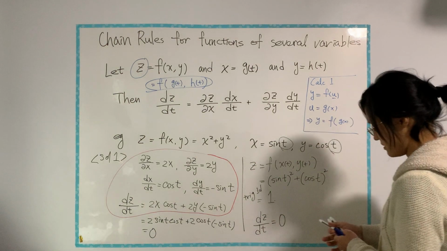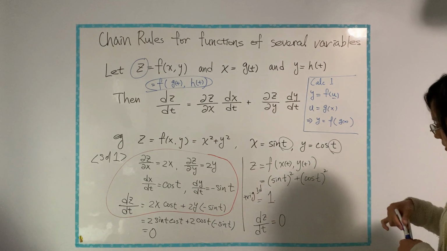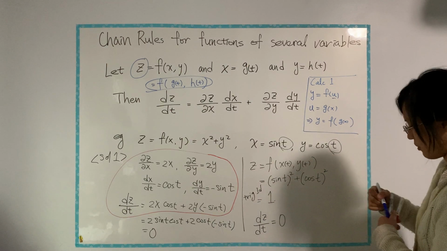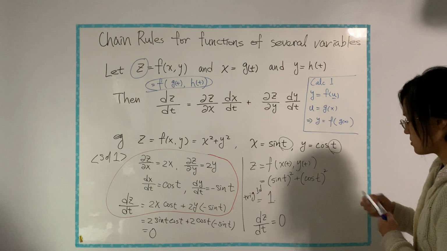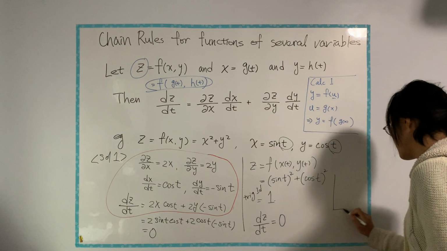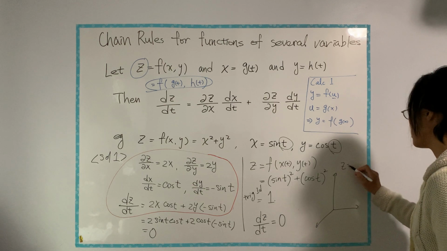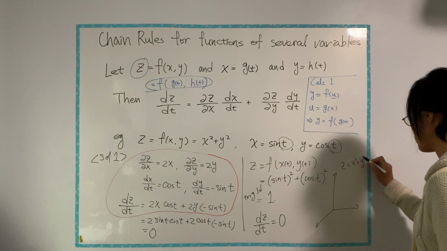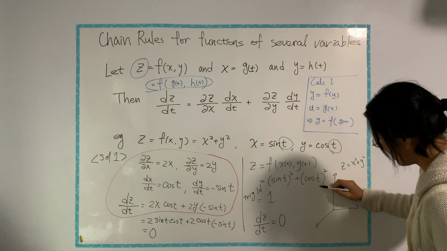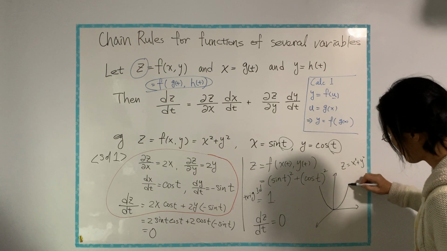Okay, and another thing that I want to mention is the graph. So z equals x squared plus y squared looks like a paraboloid like this.